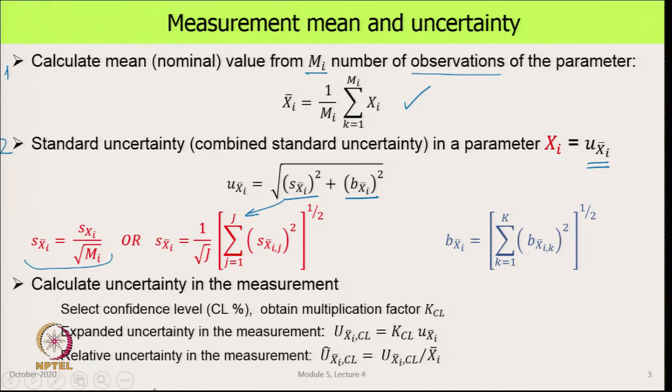Alternately, we could identify all the elemental sources of random error, estimate them by making measurements, and then apply this formula to calculate the random standard deviation, the random standard error.